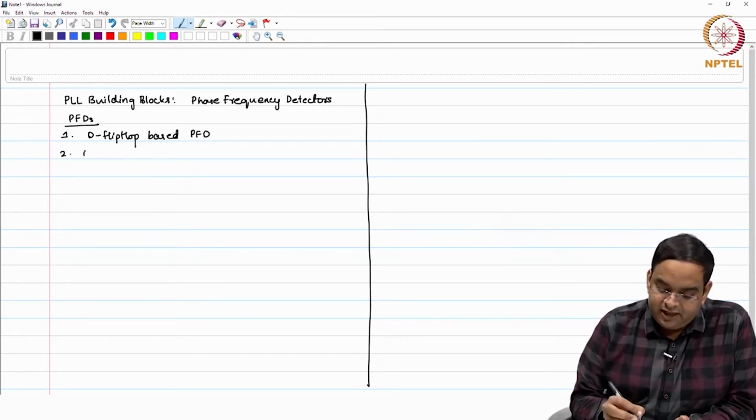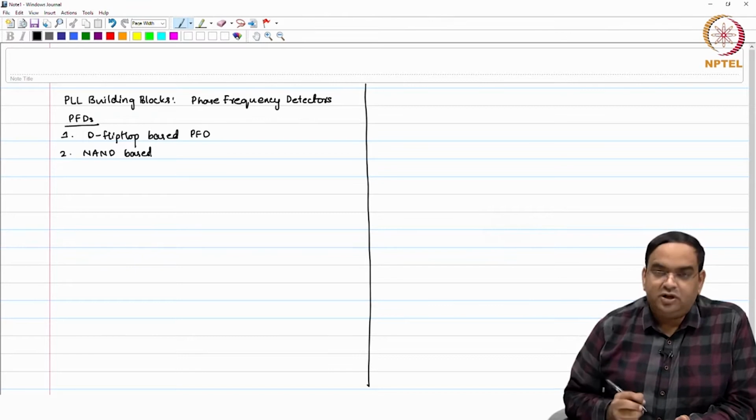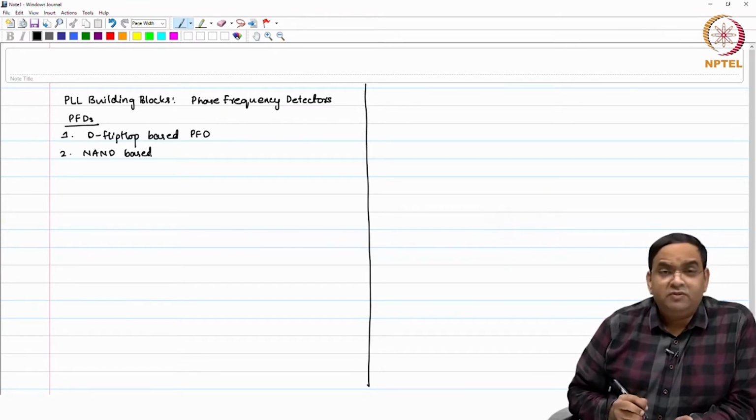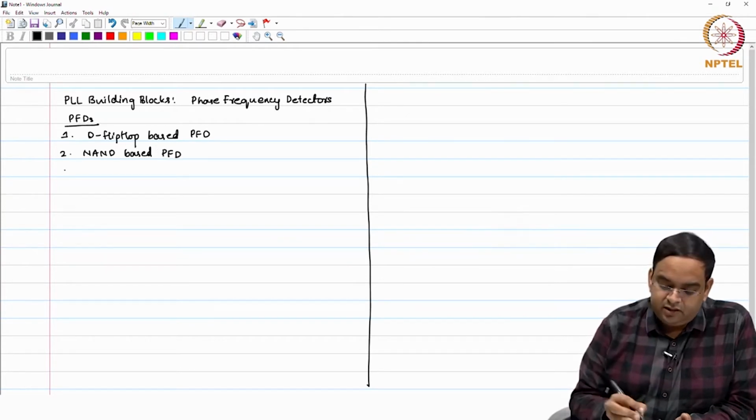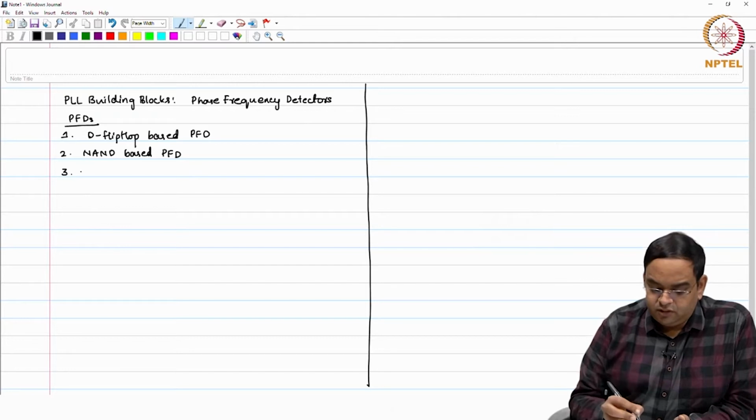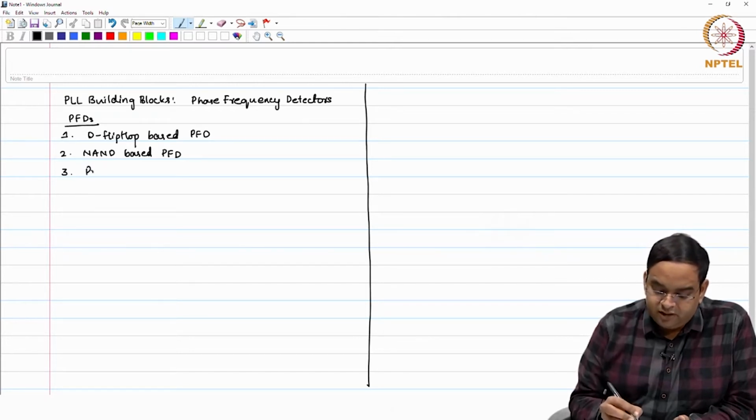You have seen the NAND based PFD, and there were two different architectures for that, one with all NAND gates and the other with a slight modification on the NAND gate. The other one, which we will not go into, you can always refer to the literature for, is the pass transistor based PFD.